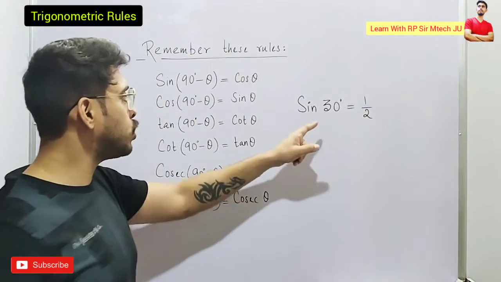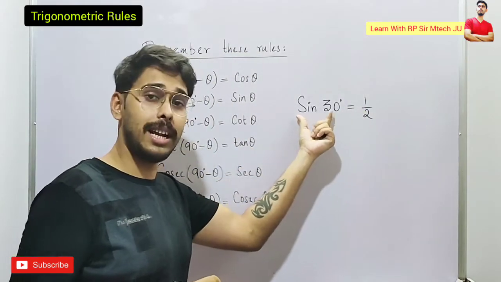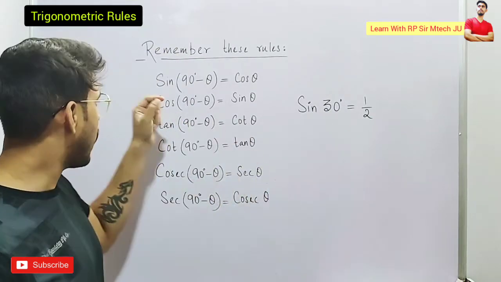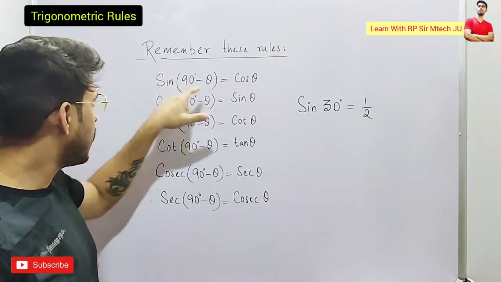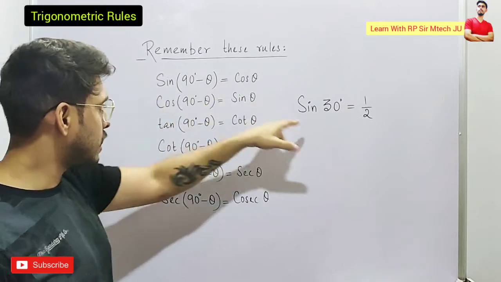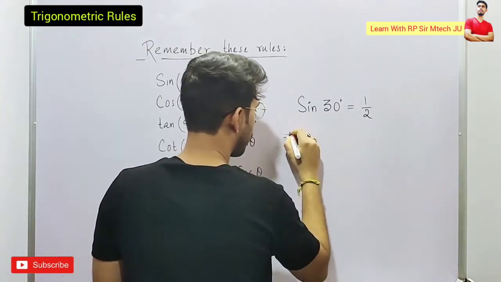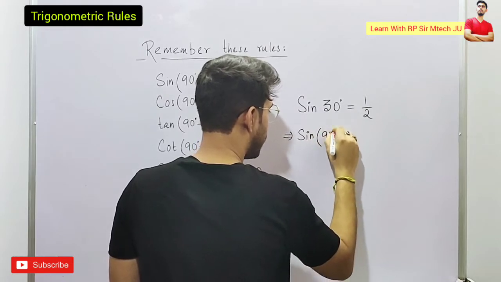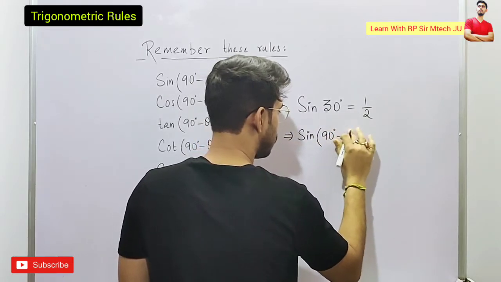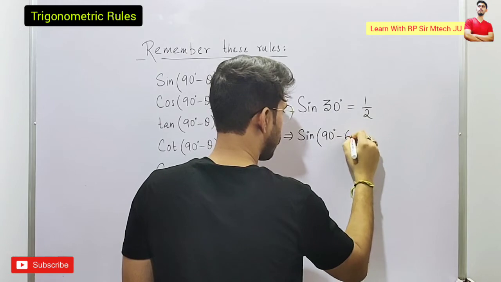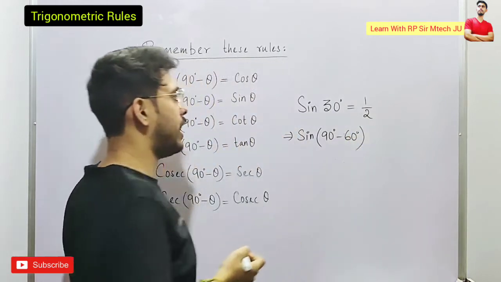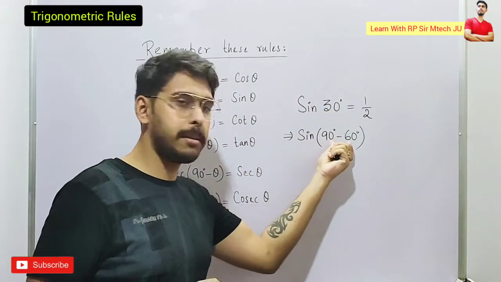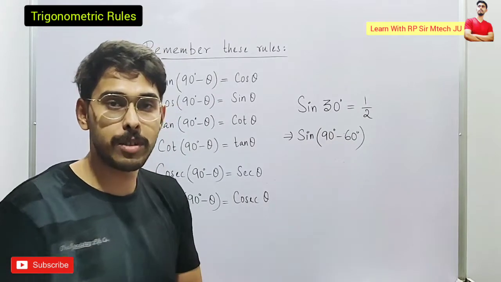Now, if I try to find sine 30 in terms of cos, I can use this rule. Sine 30 can also be written as sine 90 degree minus 60 degree, because 90 minus 60 is also 30 degrees.